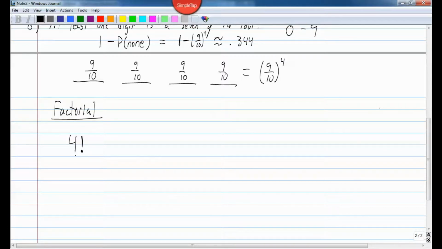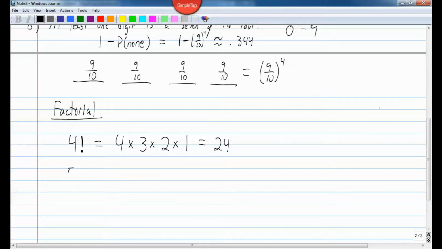It's not that it's 4, it's that it's 4 factorial. What that means is 4 times 3 times 2 times 1. Okay? Counting down and multiplying all the numbers until you get to 1. So 4 factorial is 4 times 3 is 12 times 2 is 24 times 1 is 24.